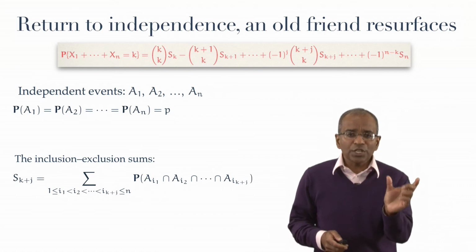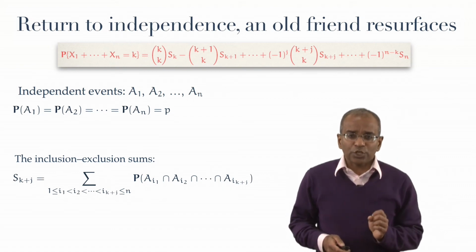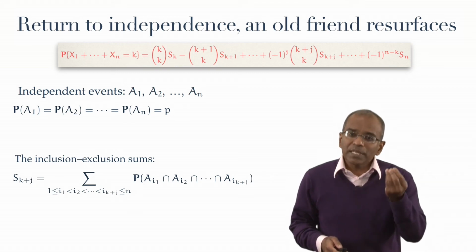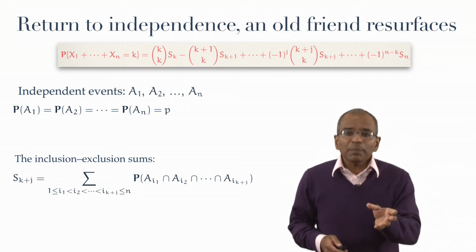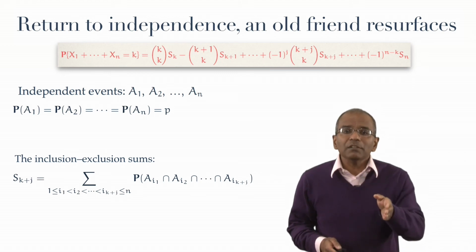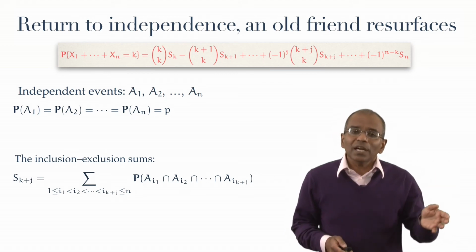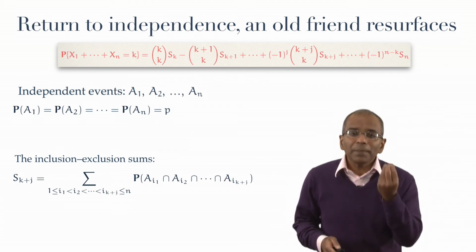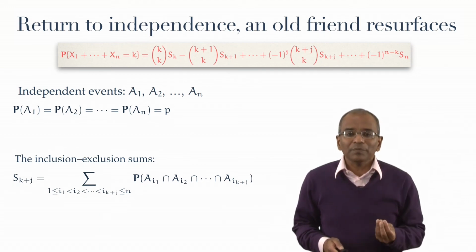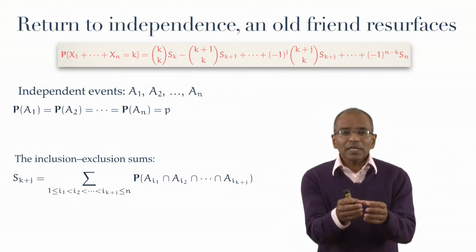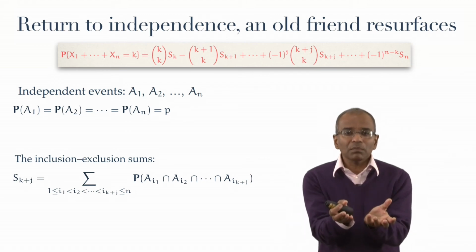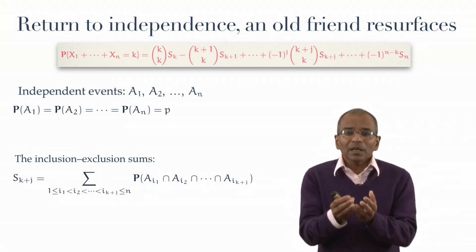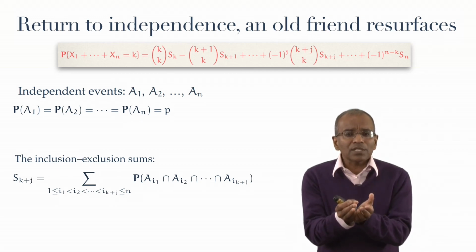Now, there are k plus j events in that intersection. Each of them, by our assumption, has got probability p. Independence says we're going to multiply p by itself k plus j times. In other words, we're going to accumulate for the probability precisely p to the power k plus j. Once you've done that, every probability in that sum is equal to p to the power k plus j. How many terms are there in the sum?